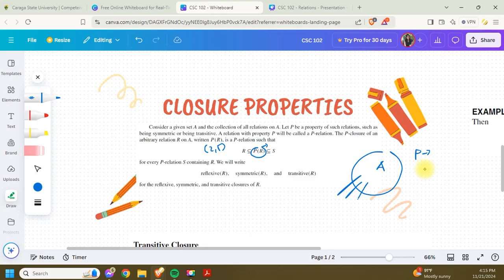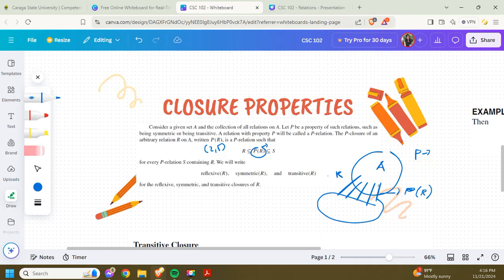So this is the set of your relation. These are all your relations from another set. So you can say that P of R is the property of that relation.